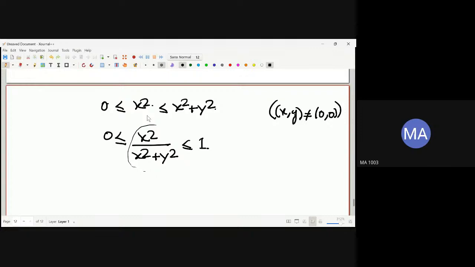Now if I take the limit as (x, y) tends to (0, 0), of course by the sandwich theorem you can write that the inequality preserves the limit.